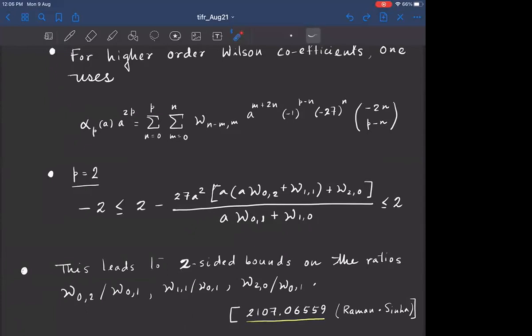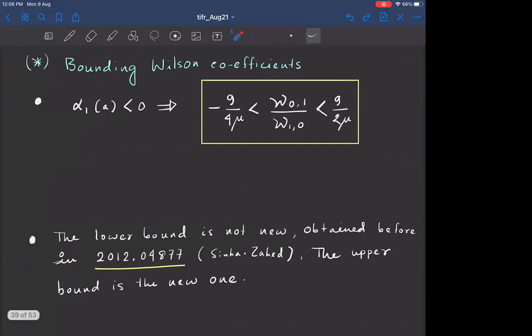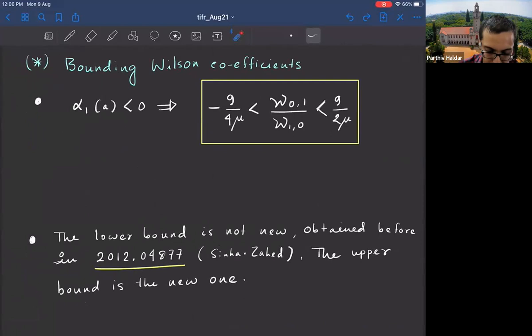Sorry, in the inequality that you proved, it was dependent on A, but where did the information about A go in this? Right. So when you write down this, let me just write down the expression here.